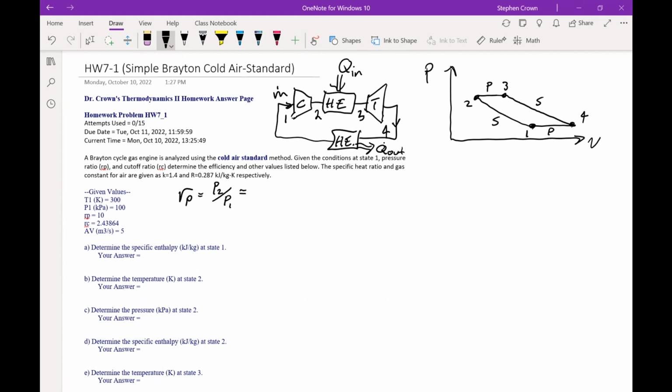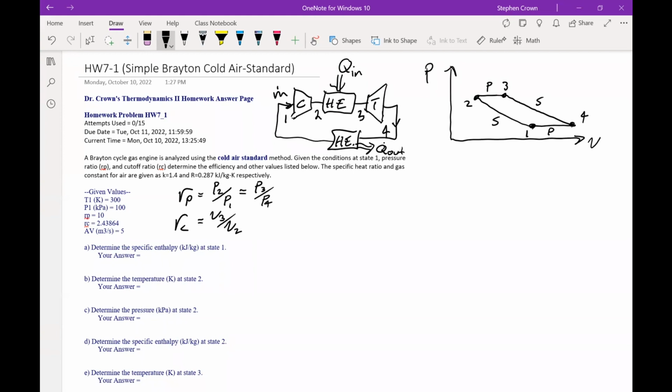And if you look at the diagram, it should be clear that that also equals P3 over P4. And then I'm given a cutoff ratio, RC, which is defined as V3, in this case, over V2. All right, now I should be able to calculate everything.